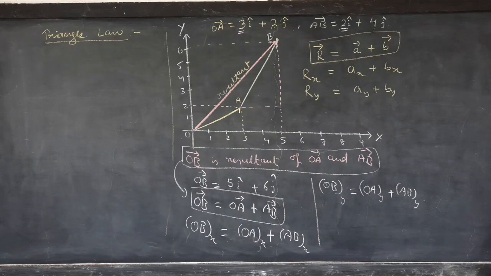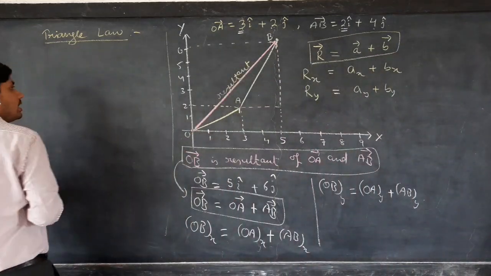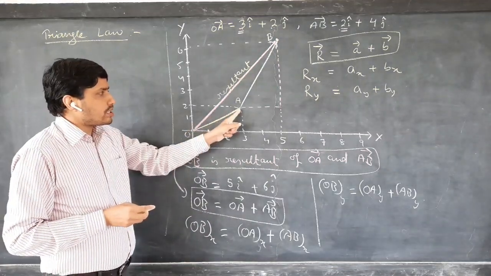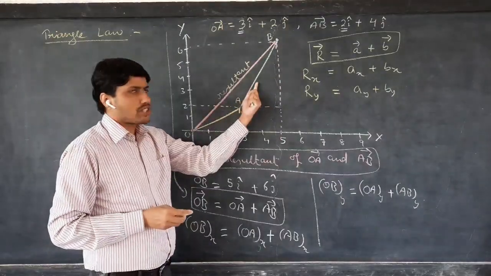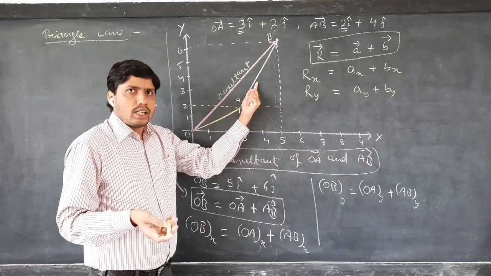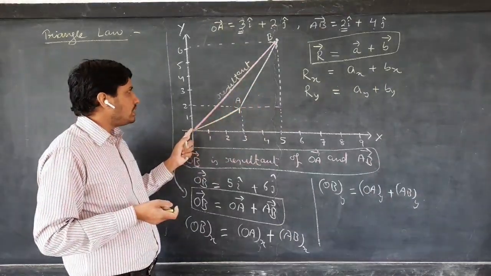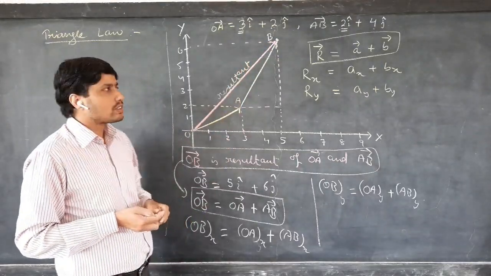If we have understood this much, then there is nothing new in this triangle law. What you see here has to be put in words: if two vectors are represented both in magnitude and direction by two sides of a triangle, then their resultant or cumulative effect is represented by the vector which runs from the initial to the final point, that is the third side of the triangle.